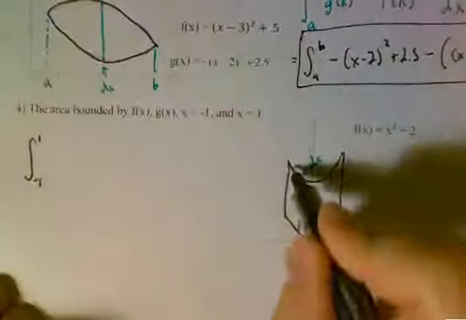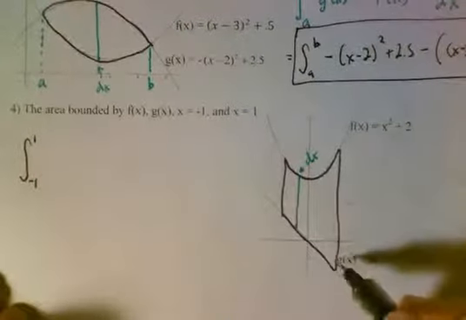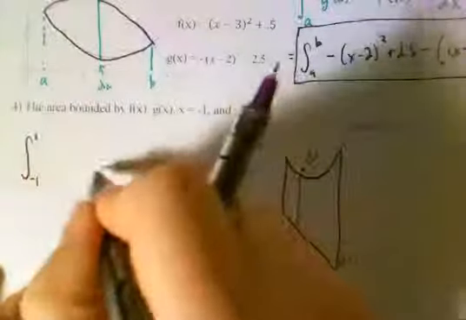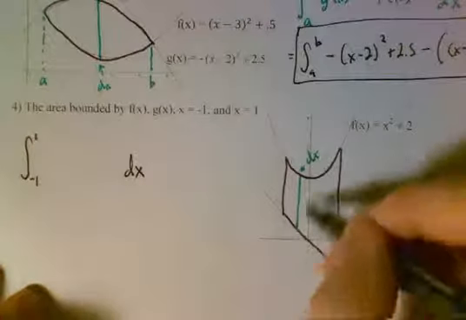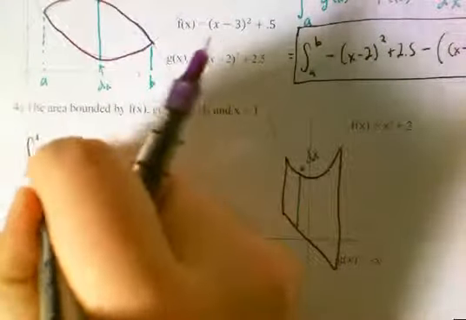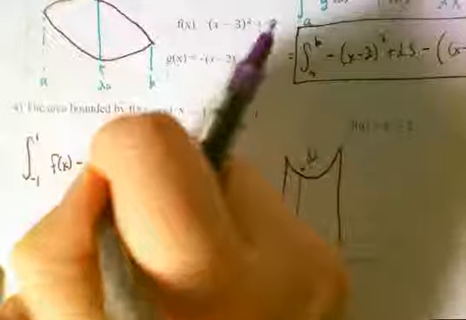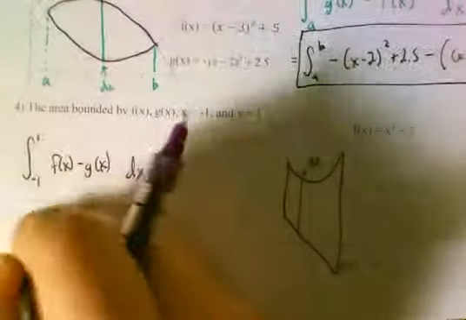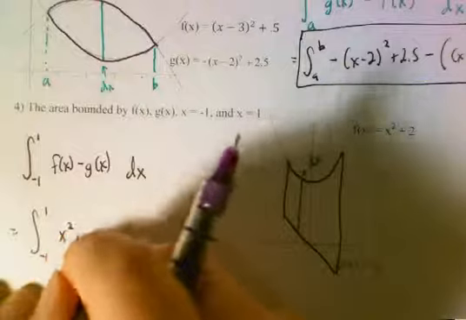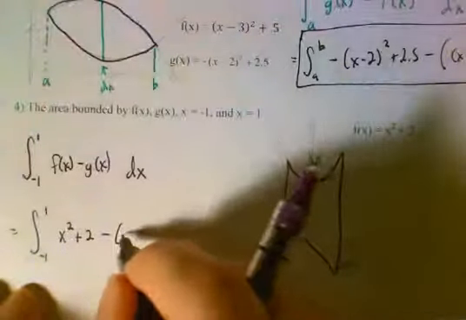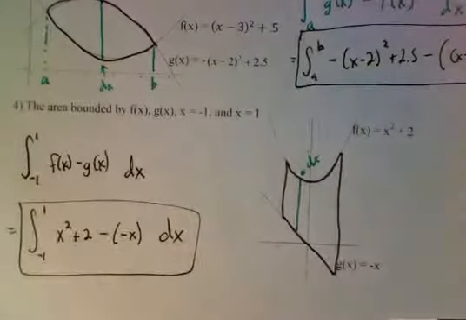Our first rectangle's at -1, last rectangle's going to be at x equals +1. dx is our width. And then our height is just this top one, which in this case is f of x, subtract this bottom one, which is g of x. Plug in the equations that we have. Voila.